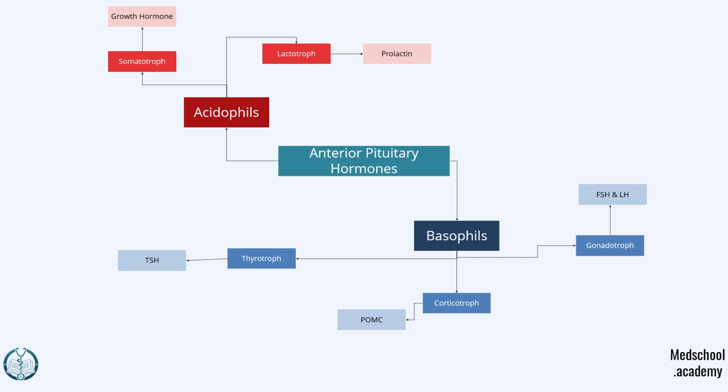So corticotroph synthesizes this molecule called POMC, which stands for pro-opiomelanocortin. So POMC can be cut by different enzymes and can give rise to four different hormones. Those are ACTH, MSH, beta endorphin, and beta lipotropin.